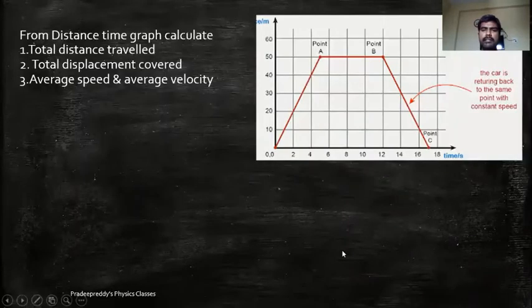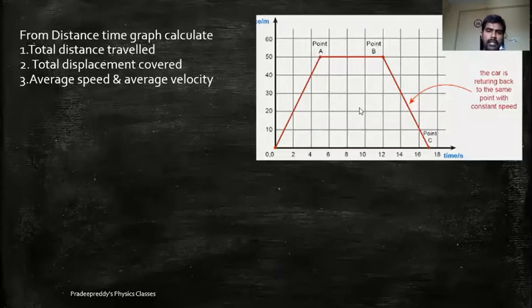Now let us learn one basic problem depending upon kinematic graphs, and it is a very simple problem, but understand what I have told you just now, area and slope, when to calculate area and when to calculate slope. If those things are clear, then you can easily solve these problems.